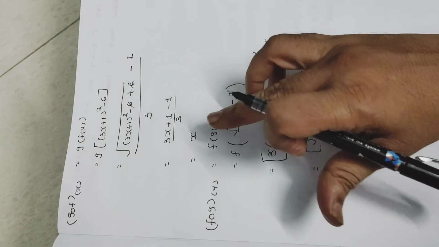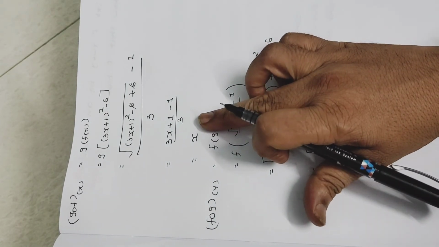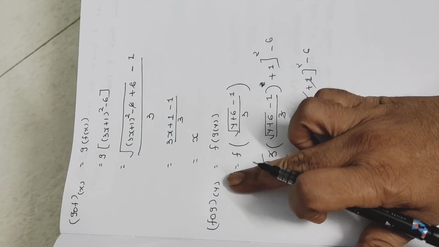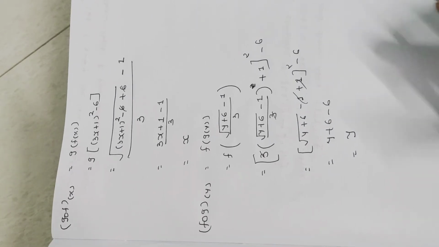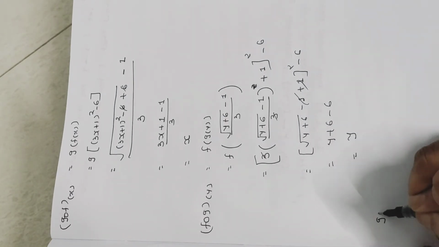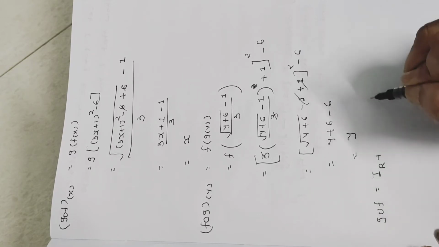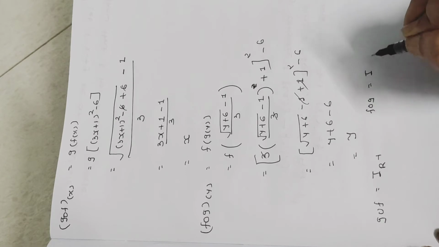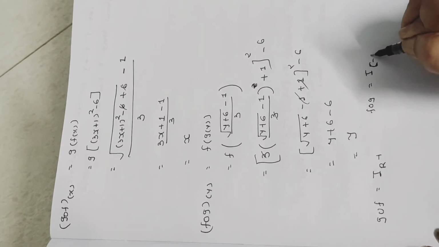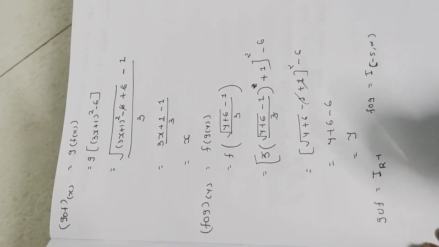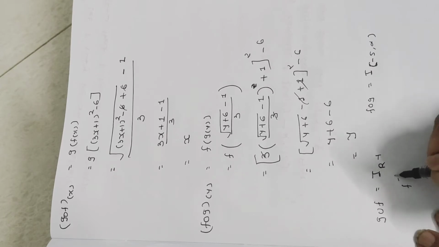Here g(f) of x is equal to x is there, and f(g) of y is equal to y is there. It means g(f) is also identity function, and f(g) is also identity function. So f inverse is equal to g.